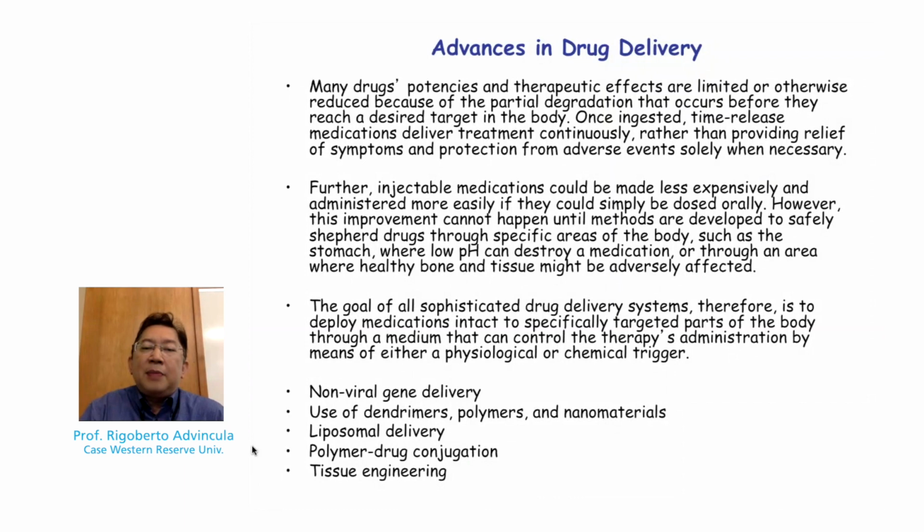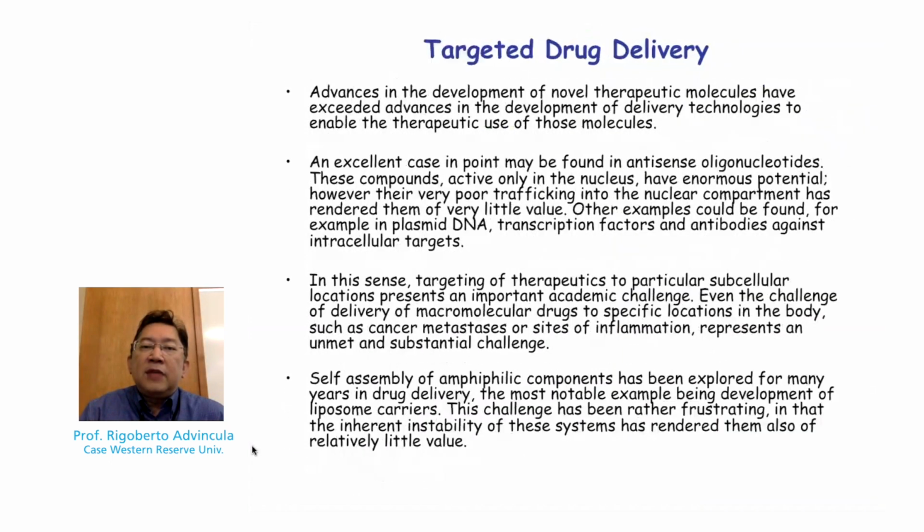But at the same time, polymers can be used for targeting, and specifically with non-viral gene delivery systems or even bioconjugates. And this is the case where the specific architecture or design of dendrimers, block copolymers, or even surfactants that can be used for liposomal delivery play a very important role in advances in drug delivery.